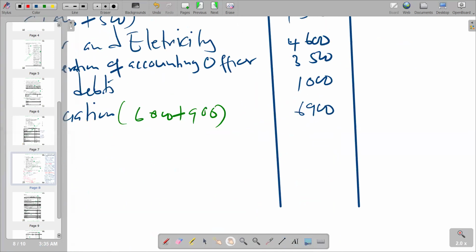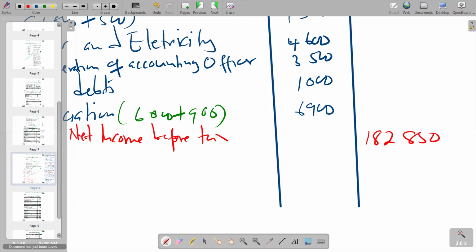The answer here is 182,850, and we say net income before tax.